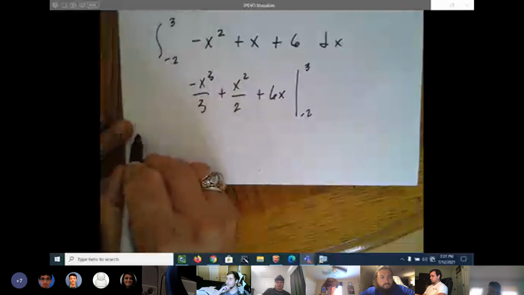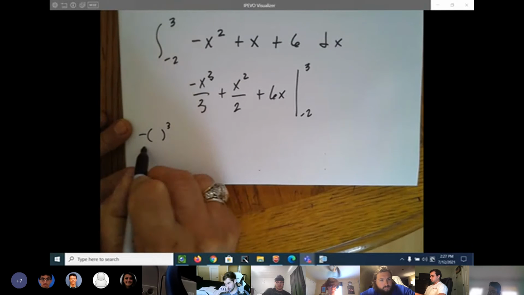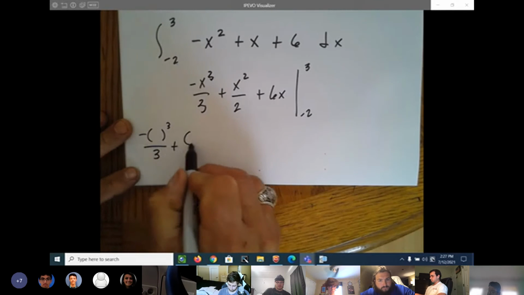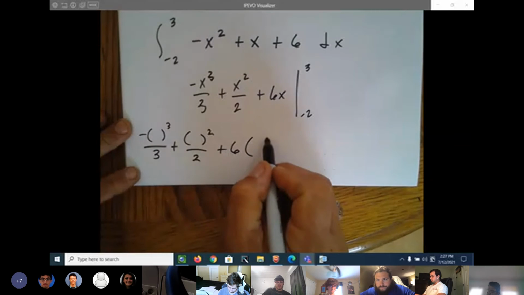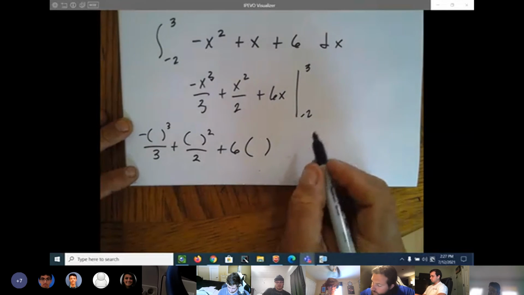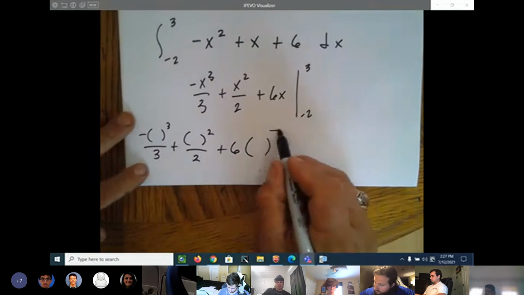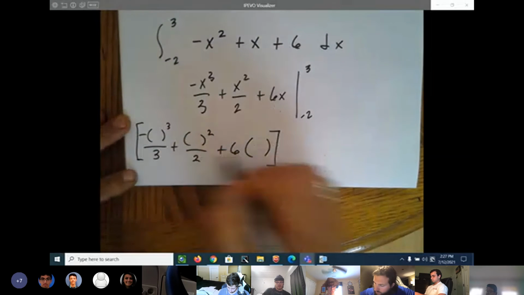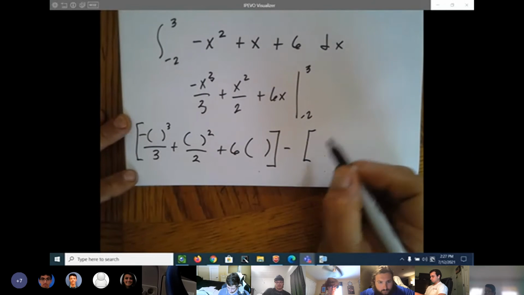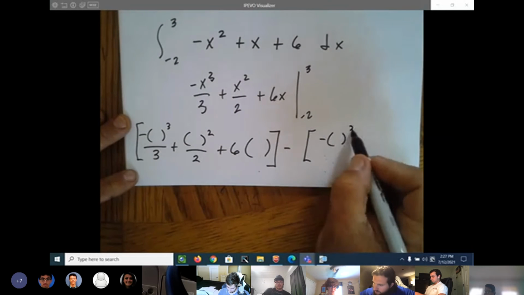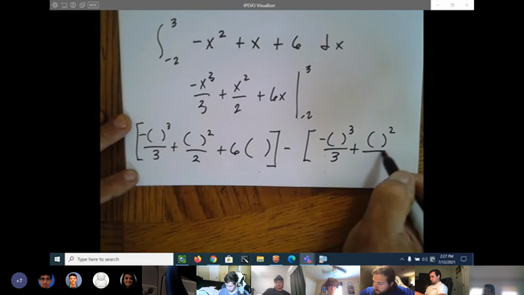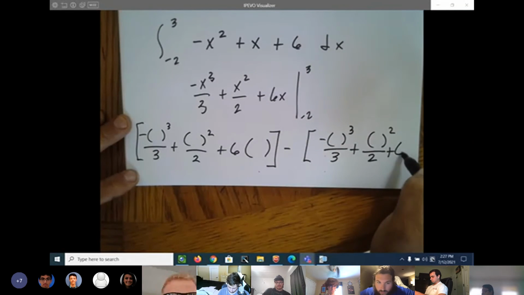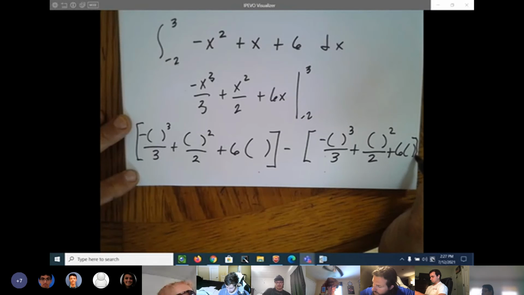All right, negative parentheses cubed over 3 plus parentheses squared over 2 plus 6 times parentheses, minus negative parentheses cubed over 3 plus parentheses squared over 2 plus 6 times parentheses.